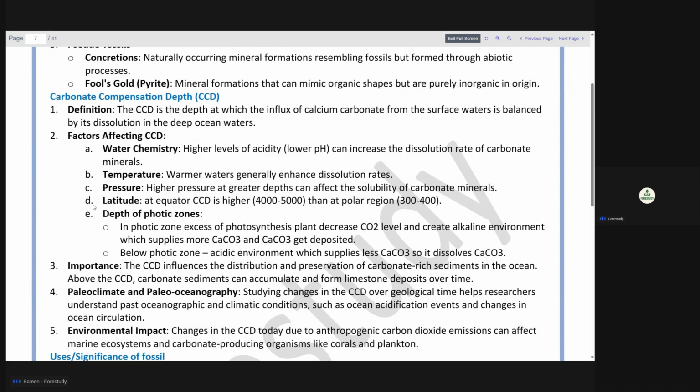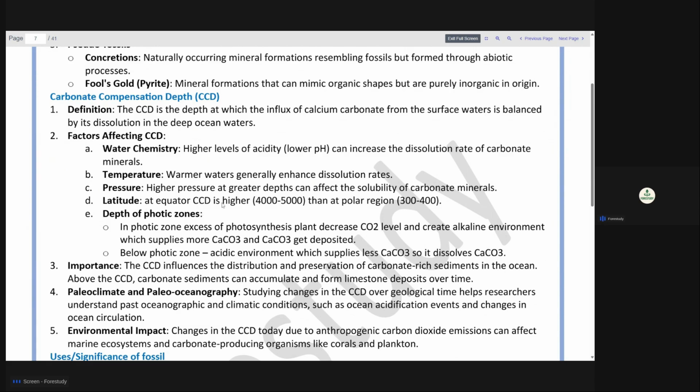Then latitude. At the equator the CCD is lower, at 4,000 to 5,000 meters depth, than at polar regions, where it is only at 300 to 400 meters. So at polar regions you will see more dissolution of calcium carbonate, as the CCD level is quite high, whereas at the equator you will see more precipitation of calcium carbonate, as the CCD is way lower, 4 to 5 kilometers below the mean sea level.